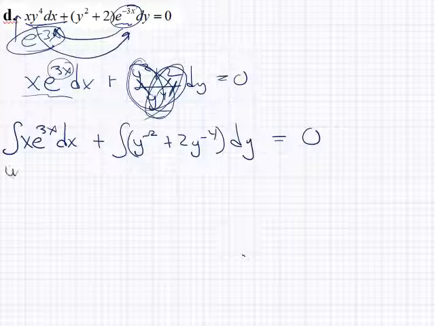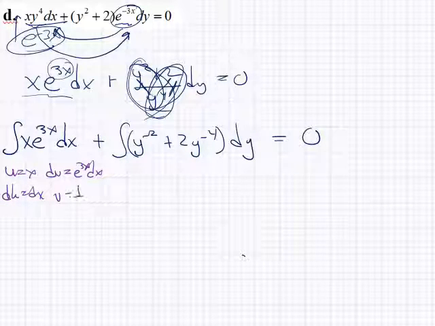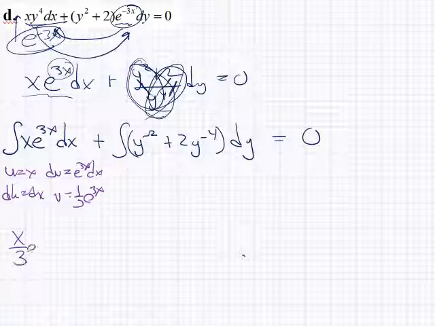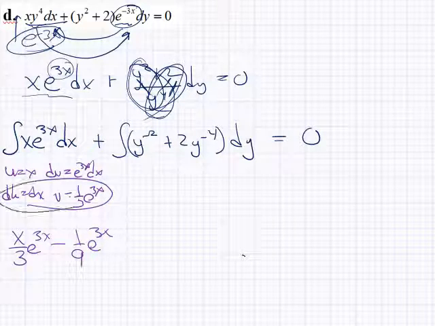By parts here, u equals x, dv equals e to the 3x dx, du is dx, v is 1/3 e to the 3x. So we're going to end up with x over 3 e to the 3x minus 1/9 e to the 3x, and that's because the second integral would be the integral of this.